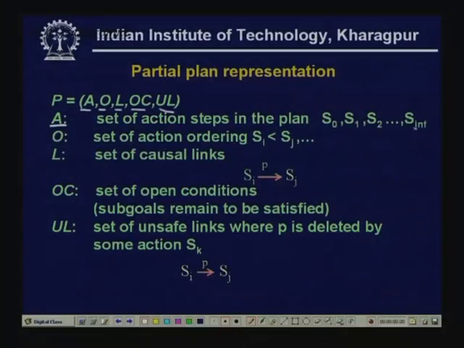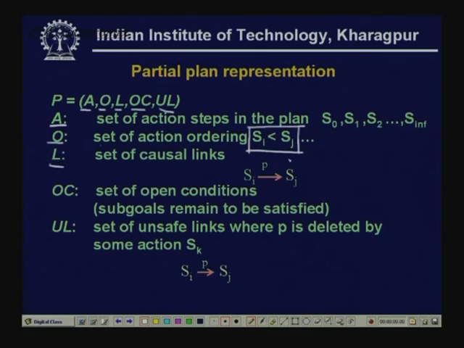So, we have a set of steps and we also specify the set of action orderings. So, there is a partial ordering on the actions. Si precedes Sj denotes that the step Si must occur before the step Sj in a realization of the plan. So, A is the set of steps, O is the set of action orderings and L is the set of causal links.